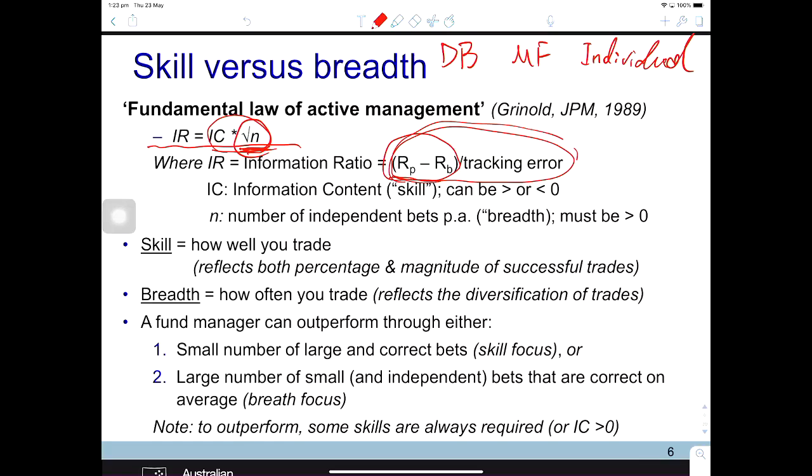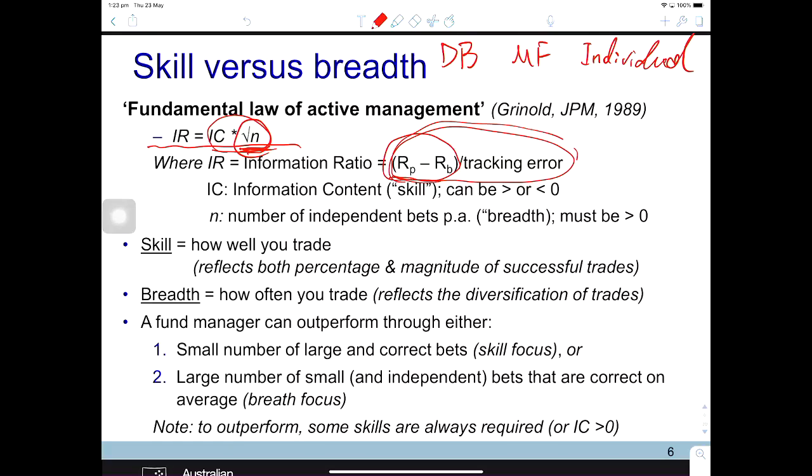On average, over the process, I'm going to refine my investment process, my signal creation and signal capture process, and eventually, I believe on average, I'm going to make correct bets. Or in other words, out of the large number of bets I made in the investment process, I make right calls more than wrong calls. So that's another way of generating active return or positive alpha for some active managers.